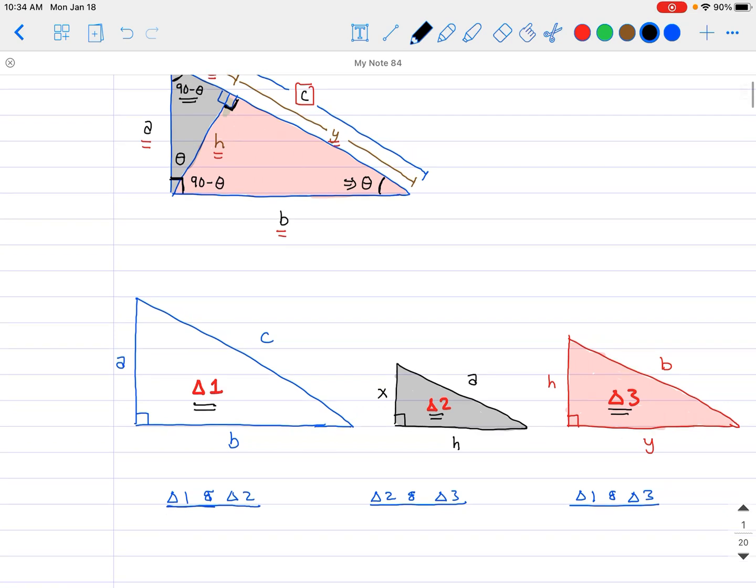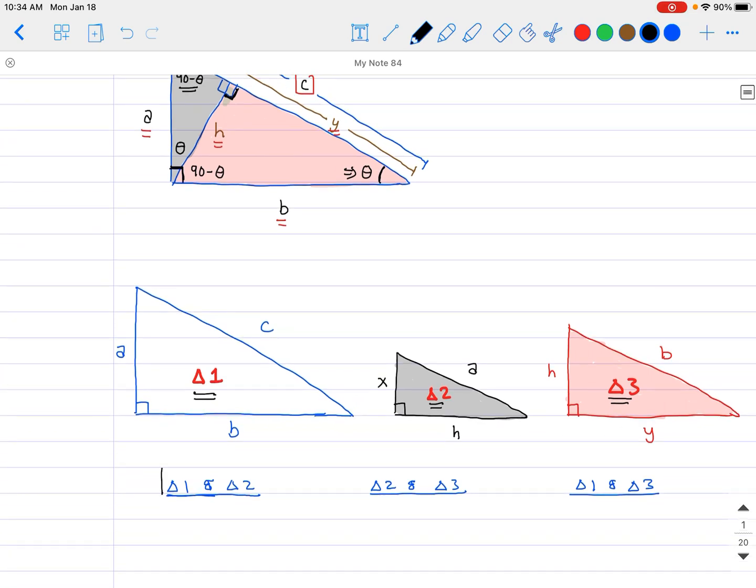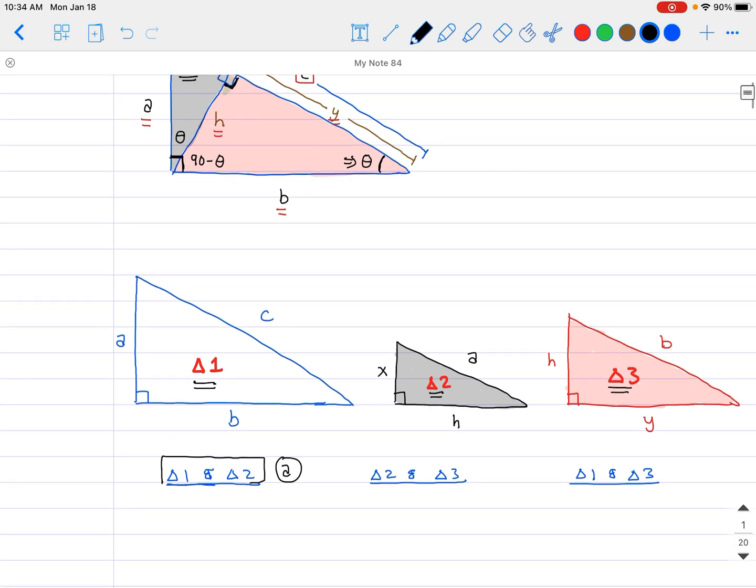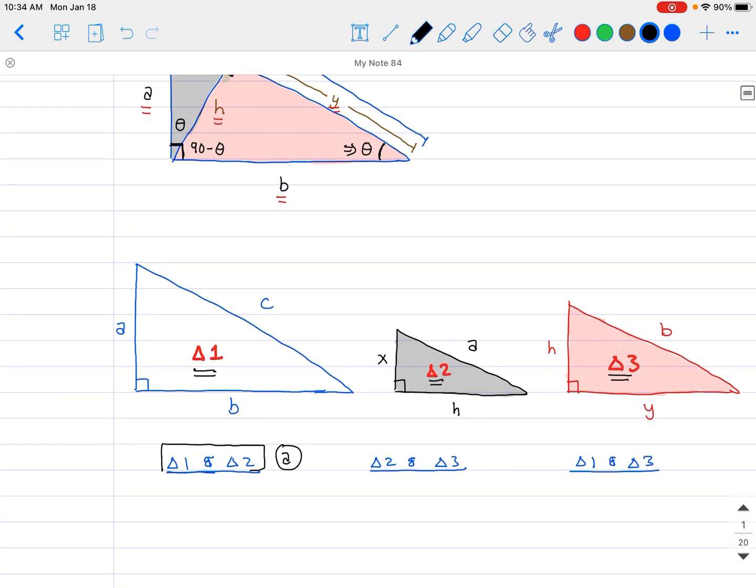For example, in the case of triangle number one and triangle number two, I noticed that they both have the variable a in common. So I'm going to see if I can set up something with that. According to my proportionality, I can say that a over c is equal to x over a, because it's this side over this side is equal to this side over this side over here.